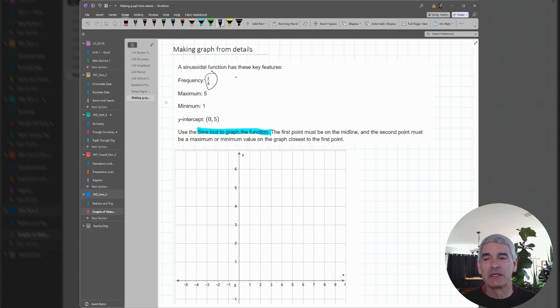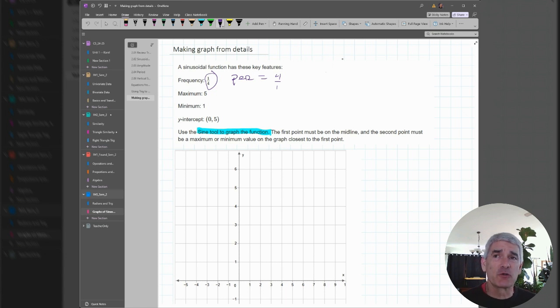What you really need to know is the period is the reciprocal of frequency. So if it completes 1/4 of a cycle per unit, it's going to take 4 units to complete a whole cycle. So it's 4/1, like I said, a reciprocal of frequency. So the period is 4. If the period is 4, that's really all we need here to do this.